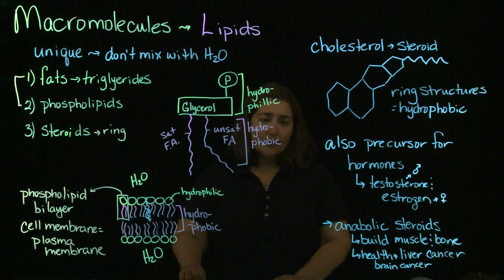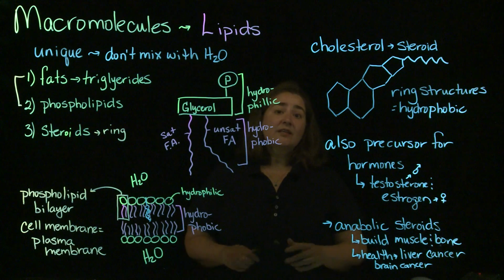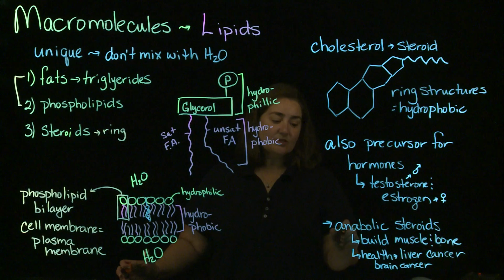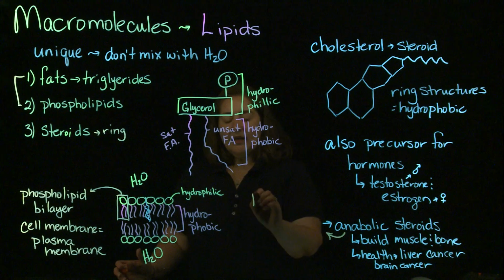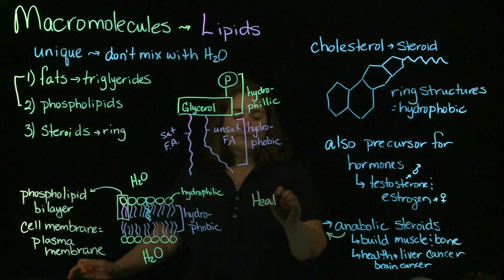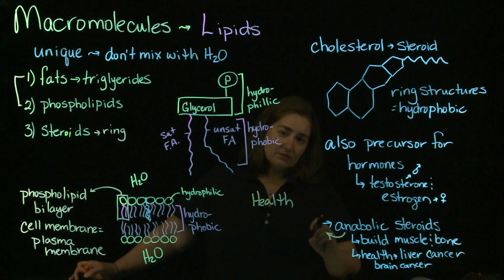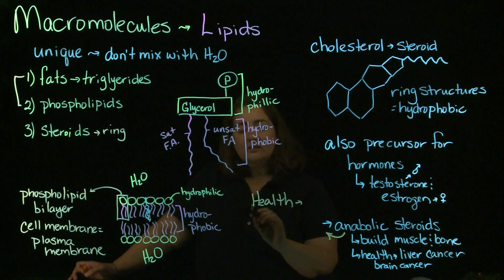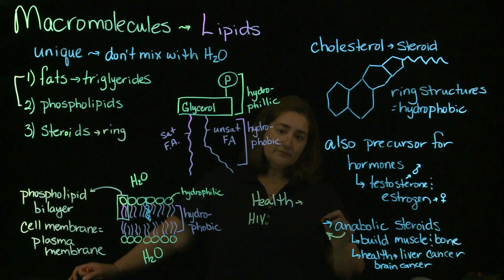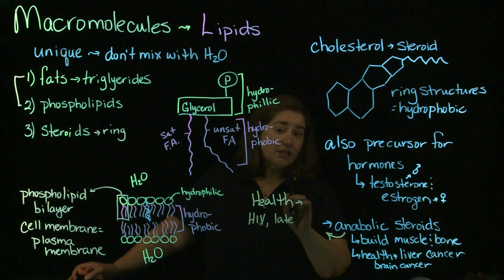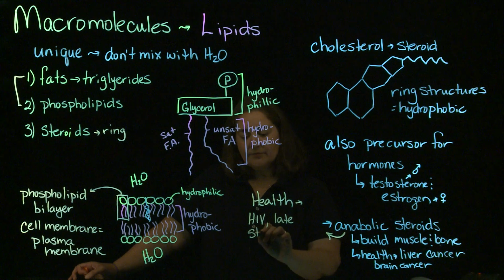So you might be sitting there watching this video going, well, why do we still have anabolic steroids? What function do they have? And in terms of overall health, they do actually have a clinical application, okay? That clinical application is for folks who are suffering from HIV or, ironically, late-stage cancer.